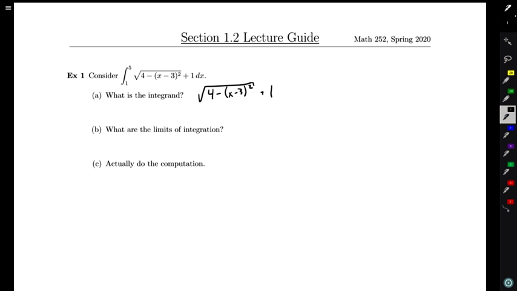Part B is asking us what are the limits of integration. So those are going to be the numbers 1 and 5. Limits of integration being the x values between which you're finding the area. Last, we're asked to actually do the computation, and it certainly shouldn't be obvious just by looking at this how to do the computation, but maybe we want to think about what exactly does this graph look like.